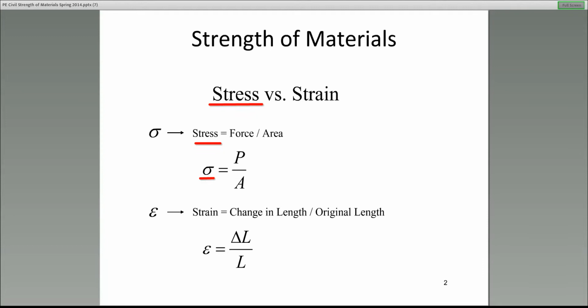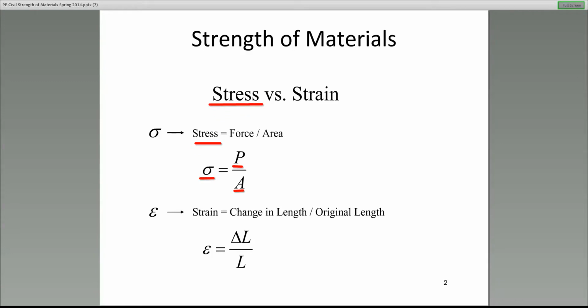Normal, not in the sense that it is ordinary, but we call it normal because it is produced by a force that is perpendicular or normal to the area. In a case like that, we simply take the force, in this case let's call it P, divided by the cross-sectional area over which it's acting. All right? So that is the concept of stress.